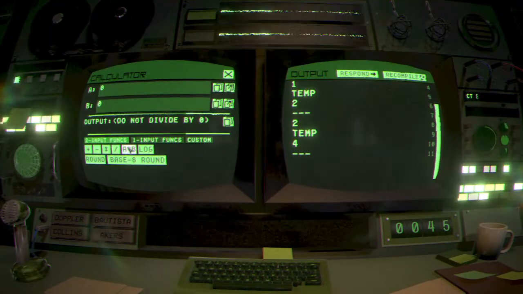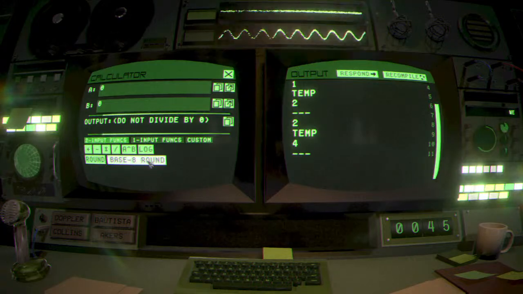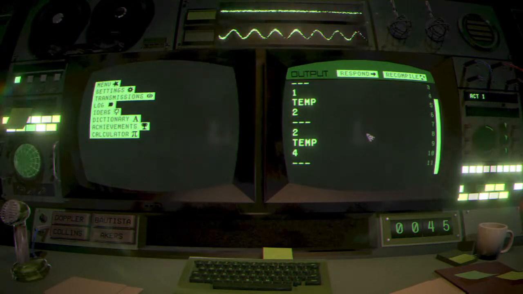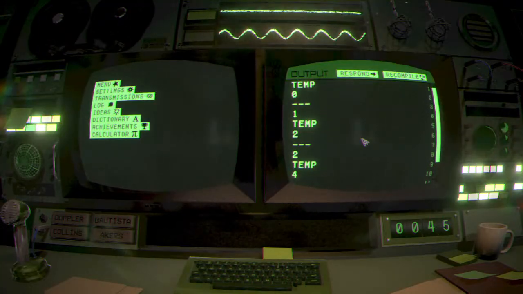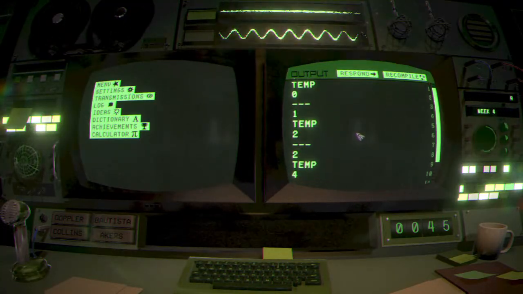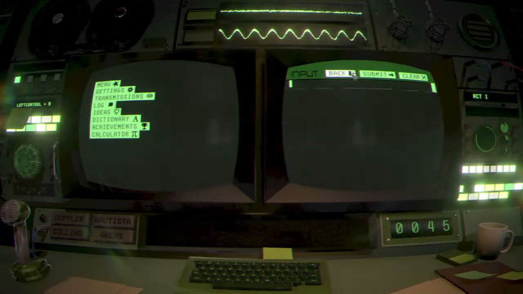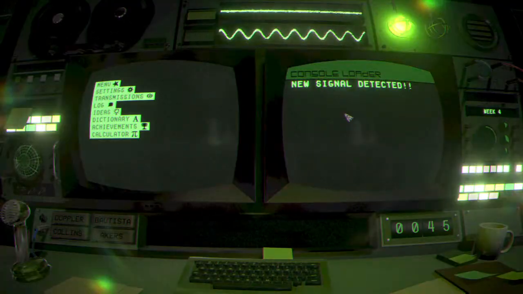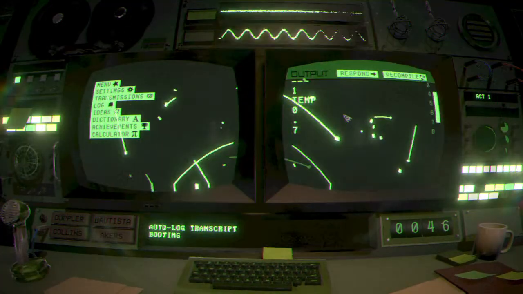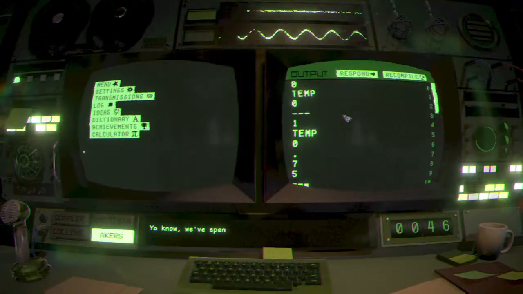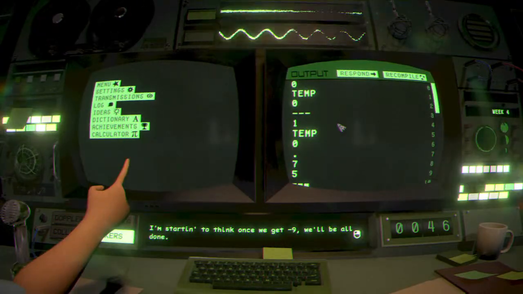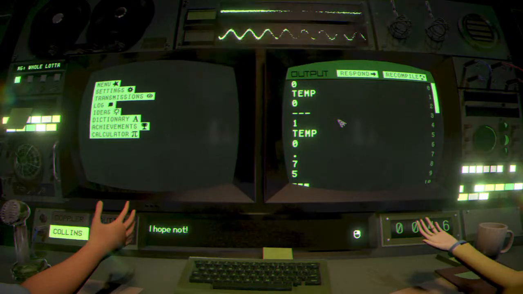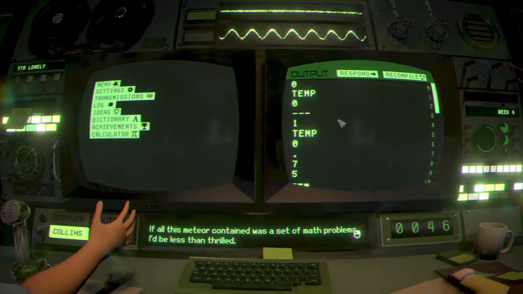Oh boy, so we're gonna end up doing log and custom functions. I feel like it's gonna be overwhelming. So it seems like it wants you to do 3 temp 6. But what does 0 mean? All this means you're continuing with a set of math problems. I'd be less than thrilled.